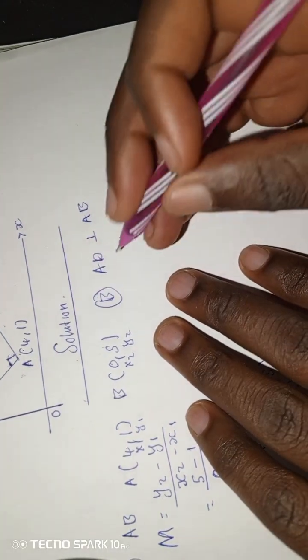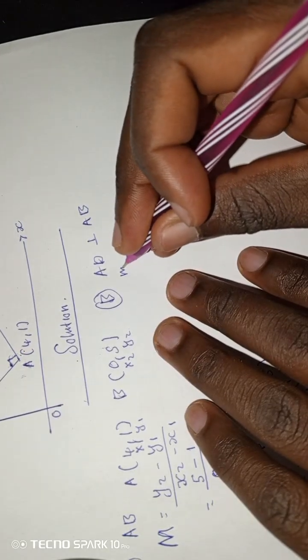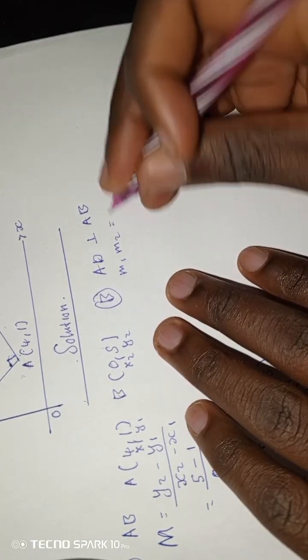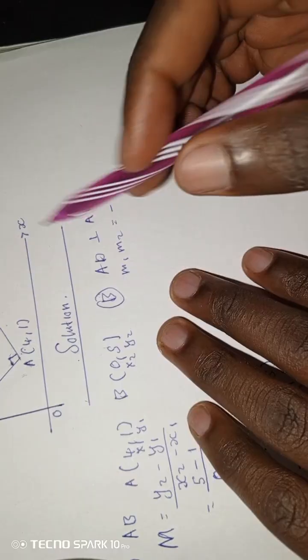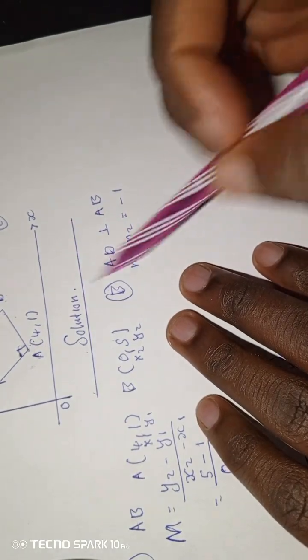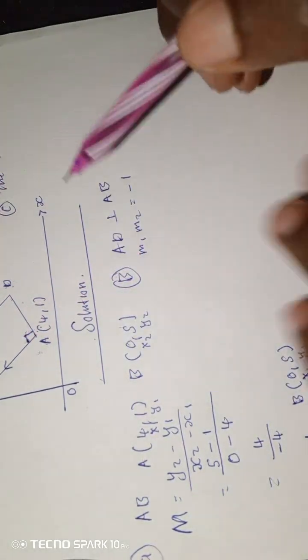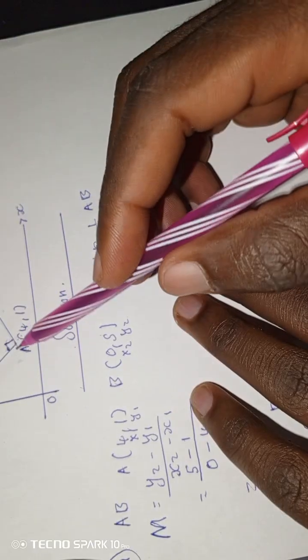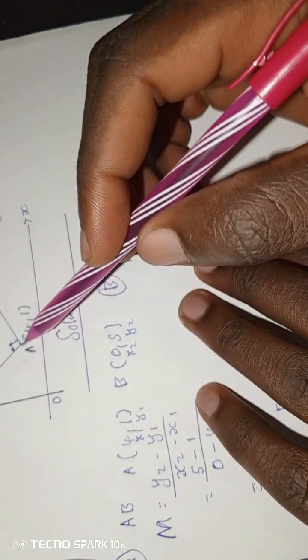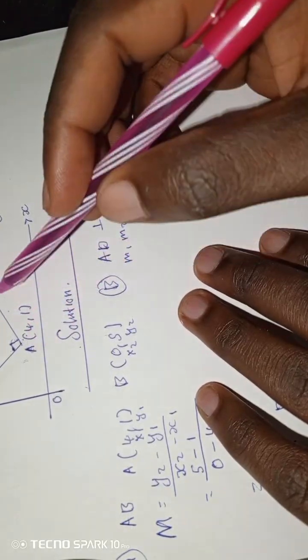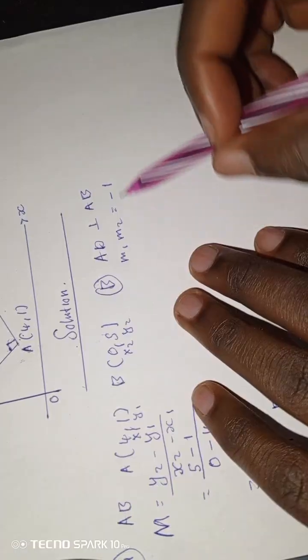So we use this formula, m1 multiplied by m2 equals negative 1, where our line AB, we know the gradient for line AB is negative 1. So this is our first gradient, and in order for us to come up with this second gradient, we use this formula.